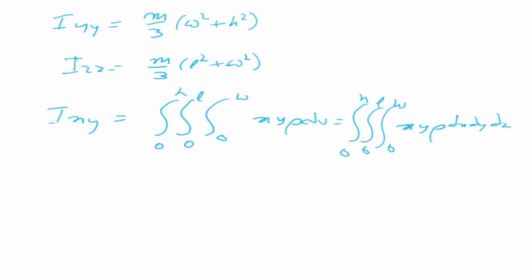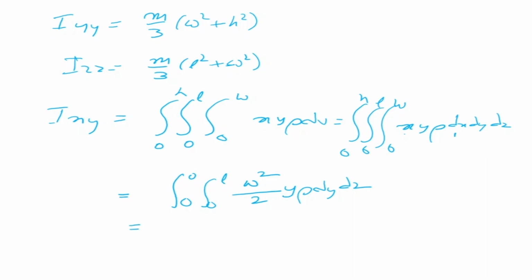Now when I integrate this first with respect to x, what do we get? I get the integral of 0 to h, 0 to l, w squared by 2, y rho dy dz. So this is the first term I get, integrating with respect to x.